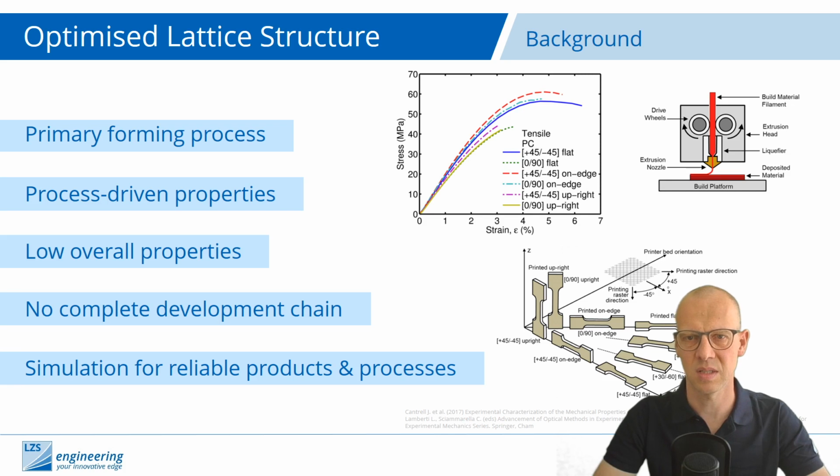You can see this on this sketch here, where you have this individual specimen printed in different directions, and the result from this is that for all the different directions, you see different mechanical behaviors. And in the end, especially the powder-based materials show quite low overall property levels compared to the bulk material. That's understandable, but you have to take care of it.